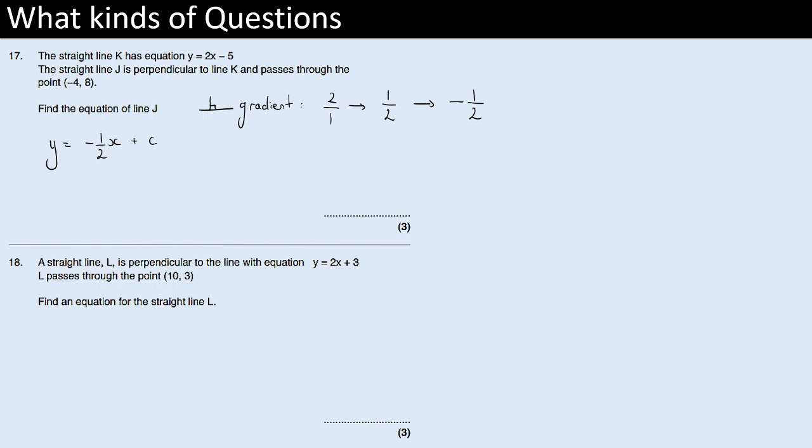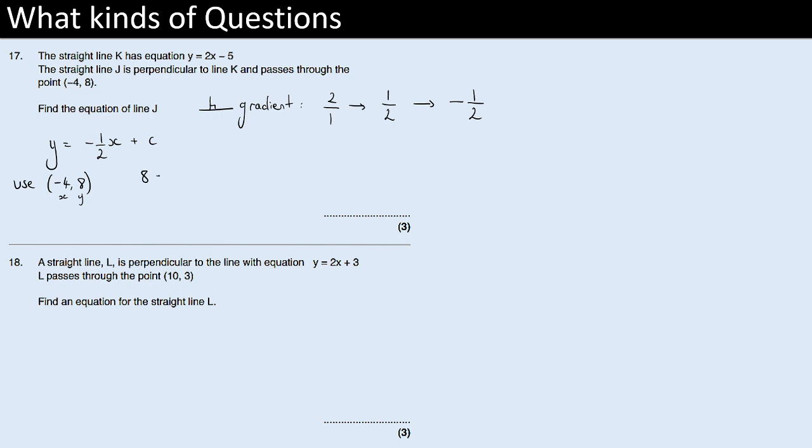For our next bit, we're going to use the coordinate that we've been given, just like we would have done in those part 1 questions. So I'm going to use negative 4, 8. x is negative 4, y is equal to 8.